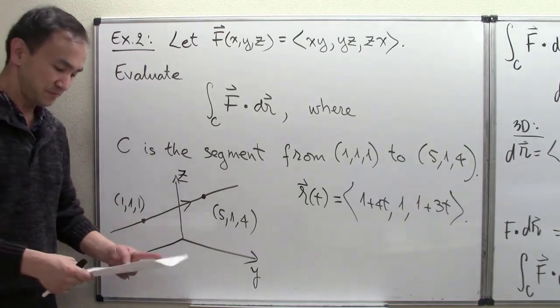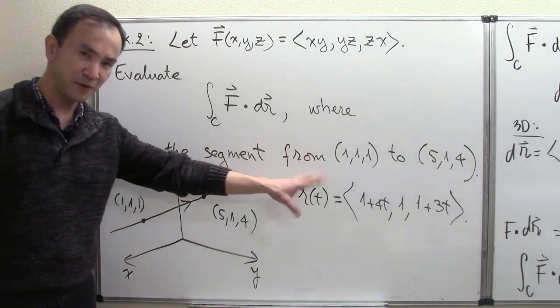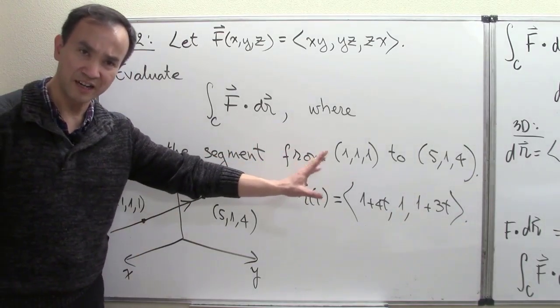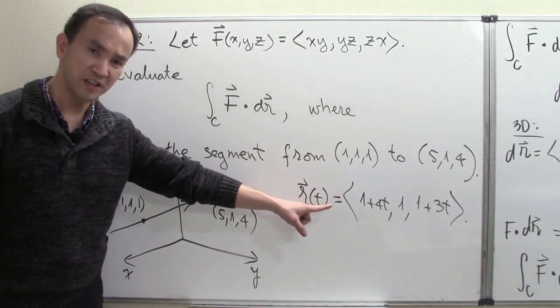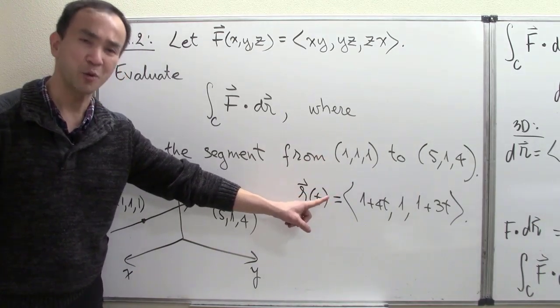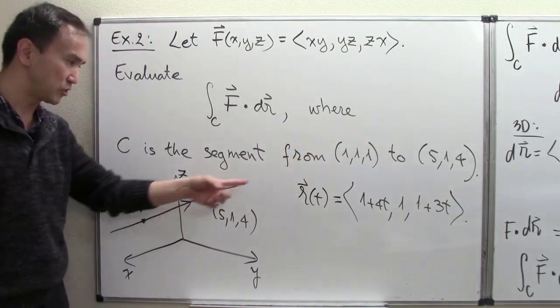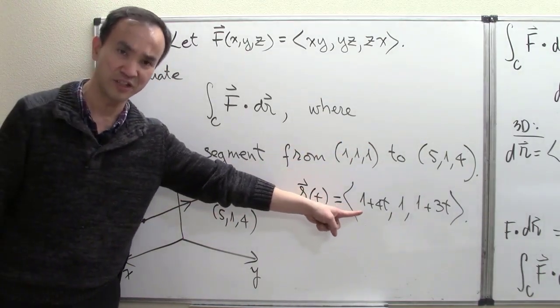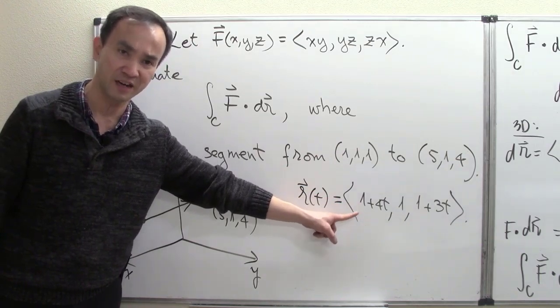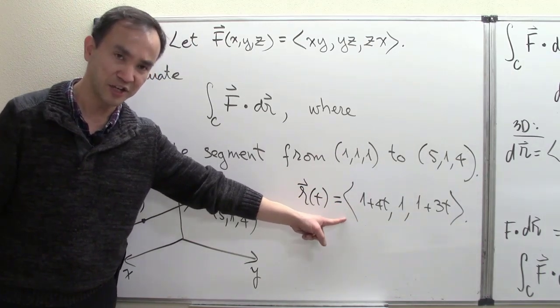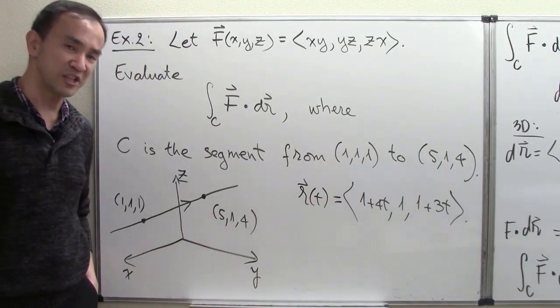For anyone who already learned how to come up with parametric equations of a line in space, going from (1, 1, 1) to (5, 1, 4), you should be able to agree with me. You can apply your skill independently and come up with something that agrees with my parameterization here.